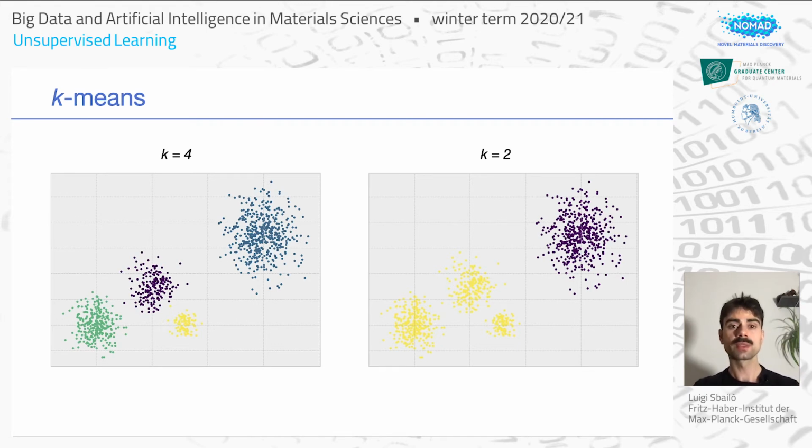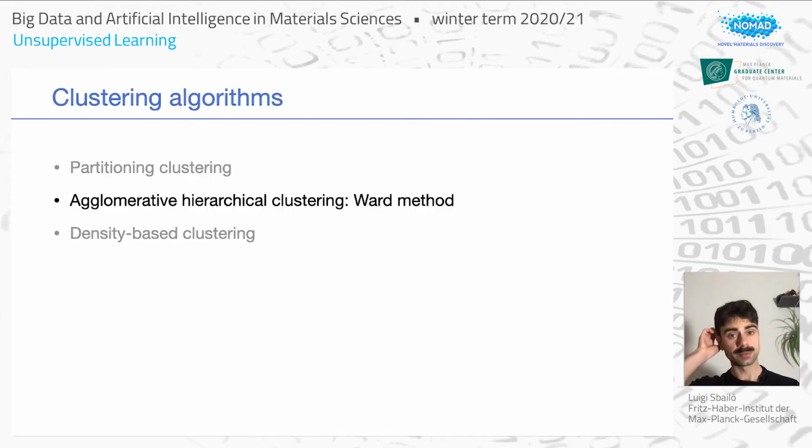This is hierarchical clustering. More specifically, I will describe agglomerative hierarchical clustering, and I will start with the Ward method, that is a linkage method. Now, I will explain to you step by step what this means and how it works.